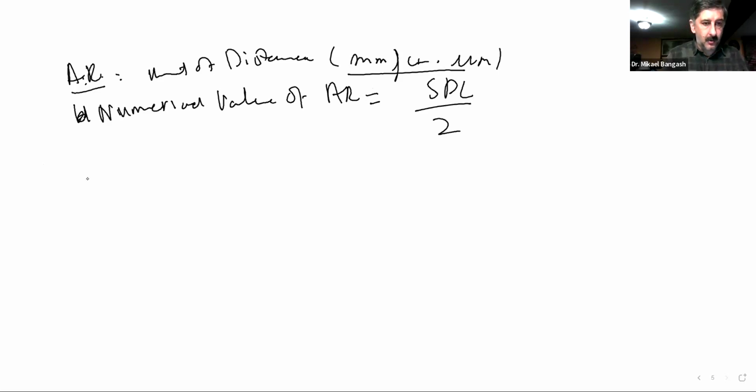Now, if you just look at the unit of your spatial pulse length, that was the same, because it could be millimeter, centimeter, or something like micrometer. Now, whatever your spatial pulse length becomes, when you divide that by 2, that is going to be the numerical value of your axial resolution. Did you guys get that?